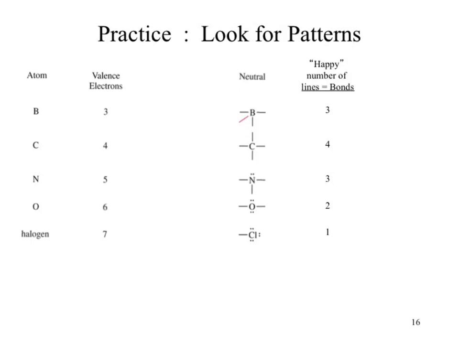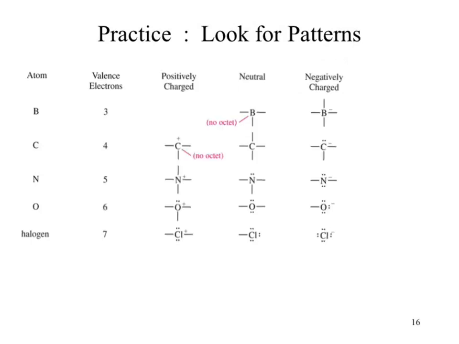When we move into nitrogen, oxygen, halogen, you recognize the bond patterns and, more importantly, you recognize the lone pairs. What happens if we go through in charged states? Our charged states also pop up. If we've got a carbon with only 3 bonds, then it by definition has to be positively charged. Okay, so you build up these patterns.